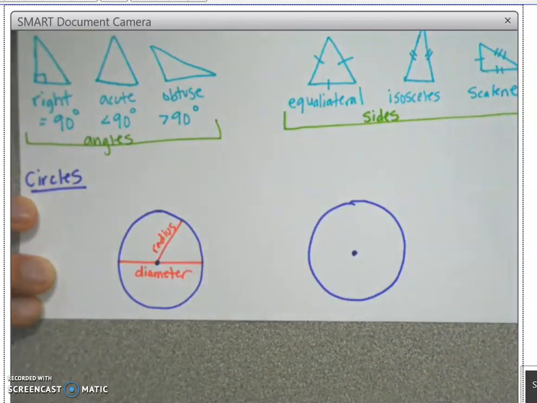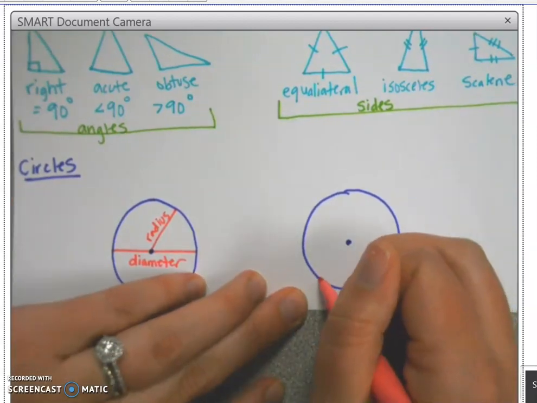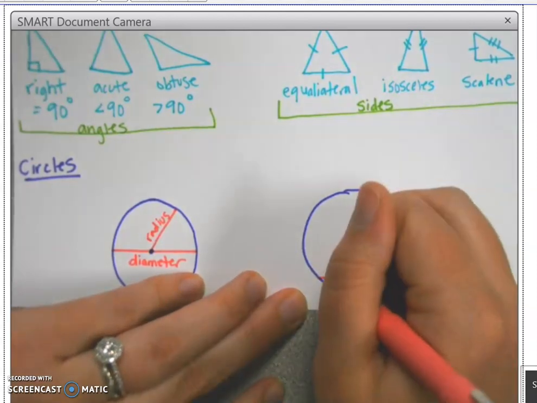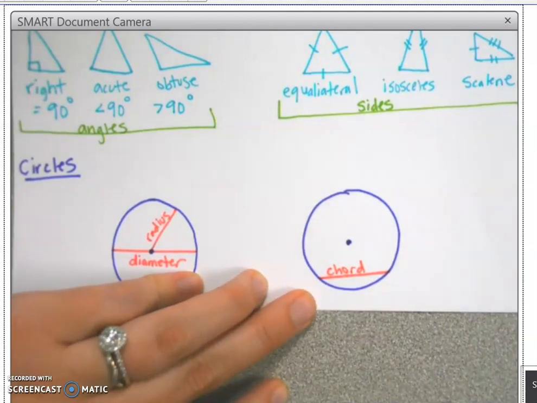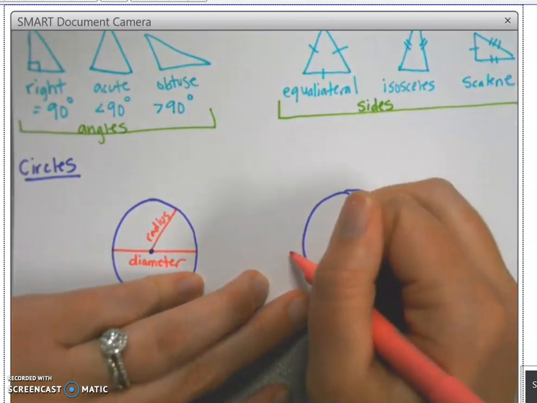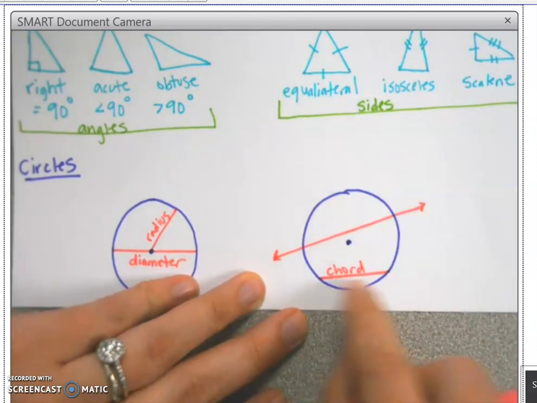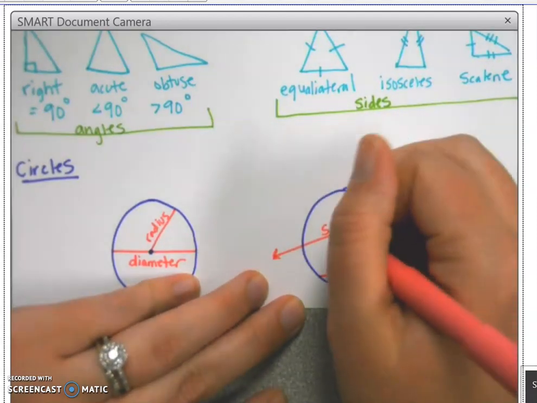Hopefully you've seen these before. Some you may not have seen before. If I have a line that goes through the circle but doesn't go through the middle, like this, this is called a chord. If I have a line that goes through but also doesn't hit the middle, so notice a chord is a line segment, this one keeps going. This is called a secant.